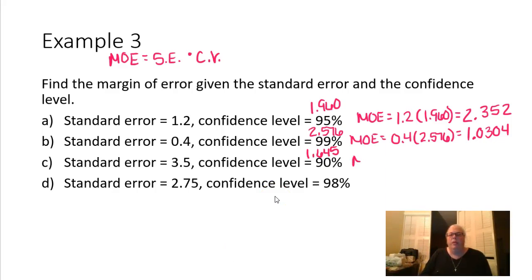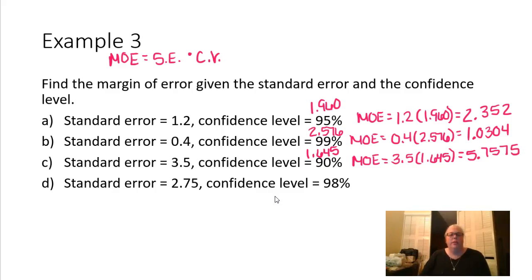So our margin of error is going to be 3.5 times 1.645. Let's see what that gives us. And that gives me 5.7575.